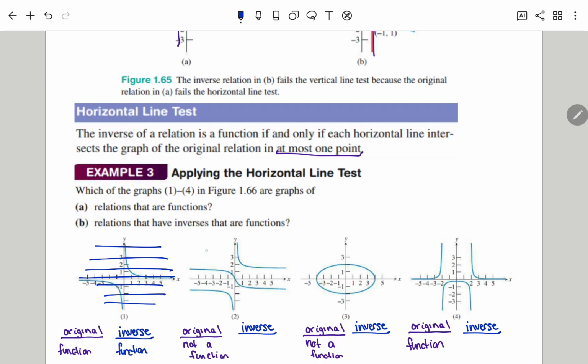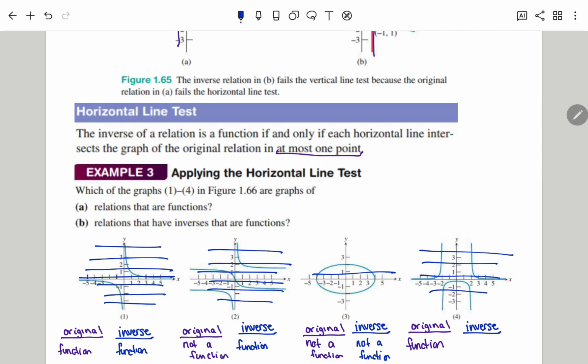The second one passes, it's a function. The third one fails, it is not a function. I'm hoping you guys have figured this out by now. Our last one, not a function. It is going to touch in multiple places.